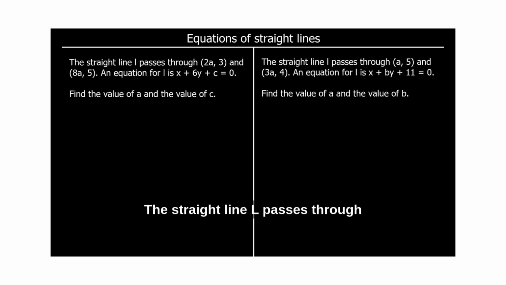Here's another question. The straight line L passes through 2a, 3 and 8a, 5. An equation for L is x plus 6y plus c equals 0. Find the value of a and the value of c. We can use the equation of the line to find the gradient.